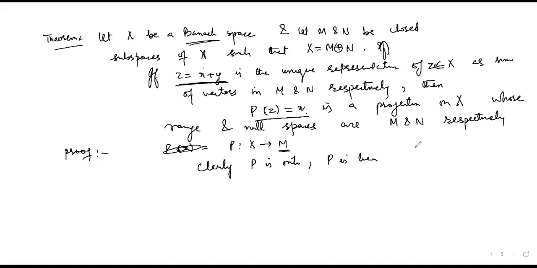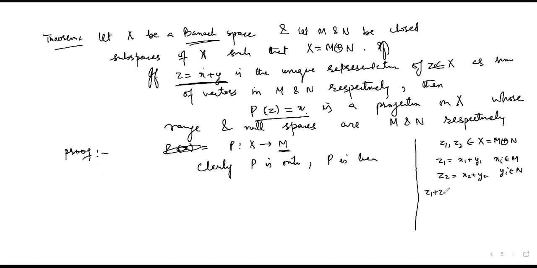linear क्यों होगा सर? Suppose Z1, Z2 belongs to X, but X can be written as a direct sum, so then Z1 can be written as some x1 plus y1 and Z2 can be written as some x2 plus y2, where xi's belong to M and yi's belong to N, and this is a unique representation.